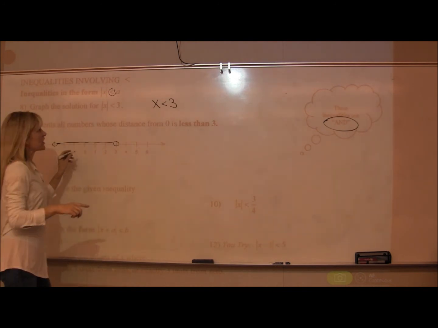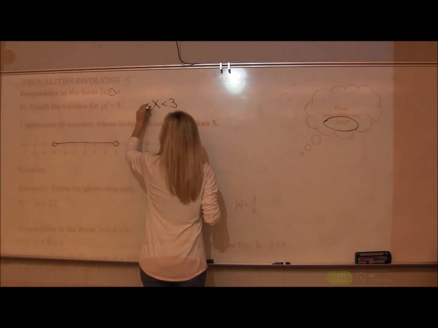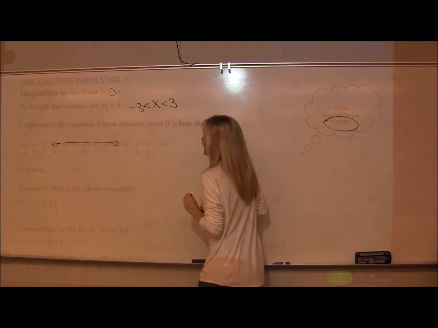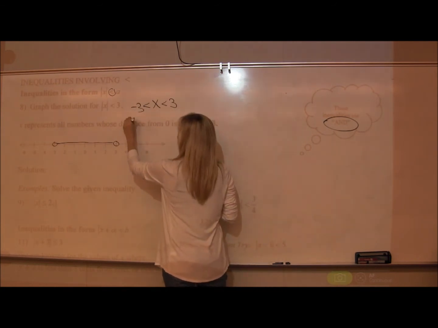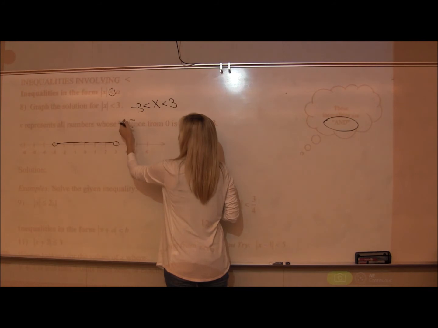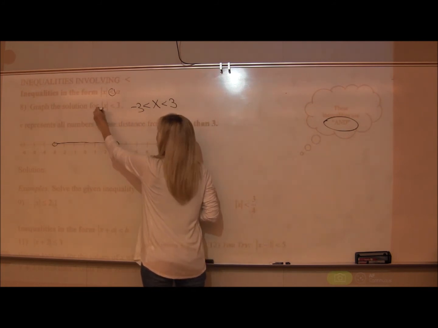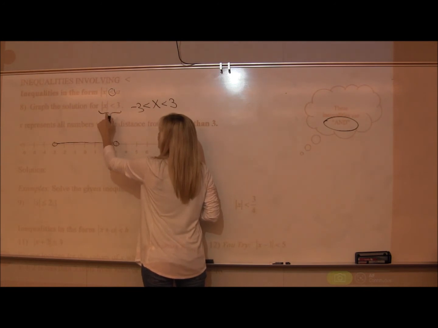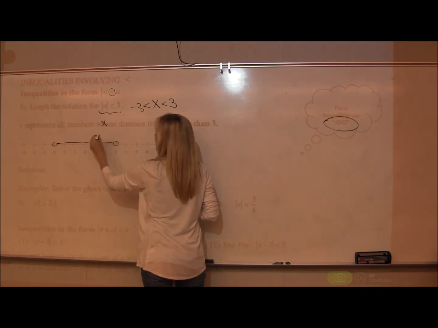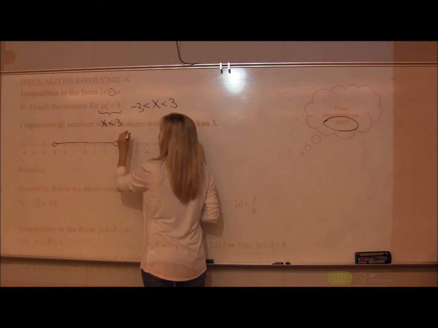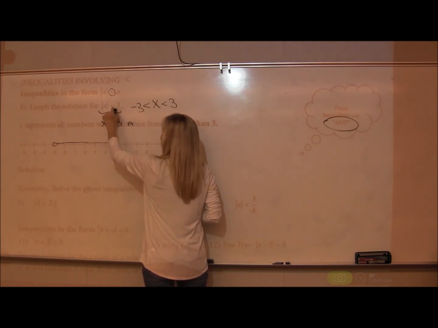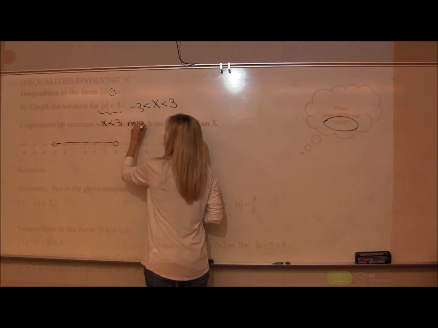All right? So you can write this two different ways. Like that, or the classic way, and the easy way, just like with the equality, is just to take away the absolute value sign, and since it's a less than, we're going to put "and."